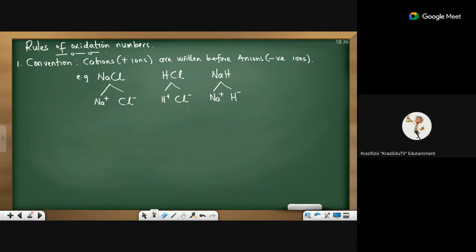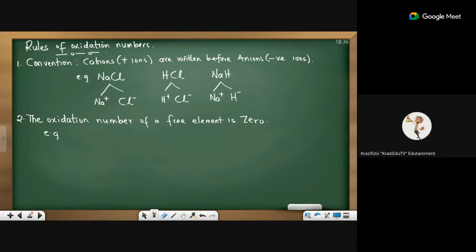Number two, the oxidation number of a free element, very key.